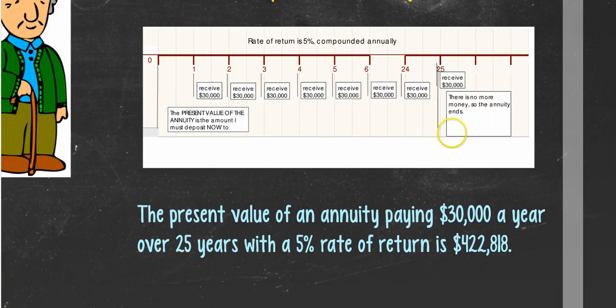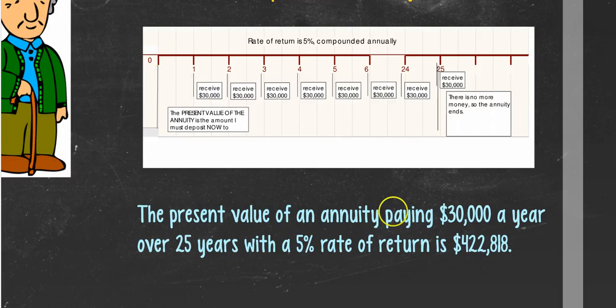Now, over 25 years, if you're getting $30,000 a year, you're going to get a total of, I think, $750,000. But we don't have to deposit $750,000 at the beginning, because there's going to be interest earned over time. So the annuity stream totals $750,000 over 25 years, but the present value is less than that because the money is earning interest.